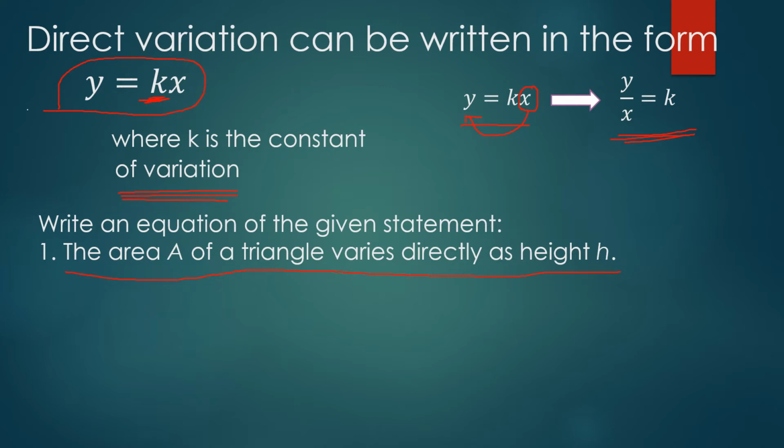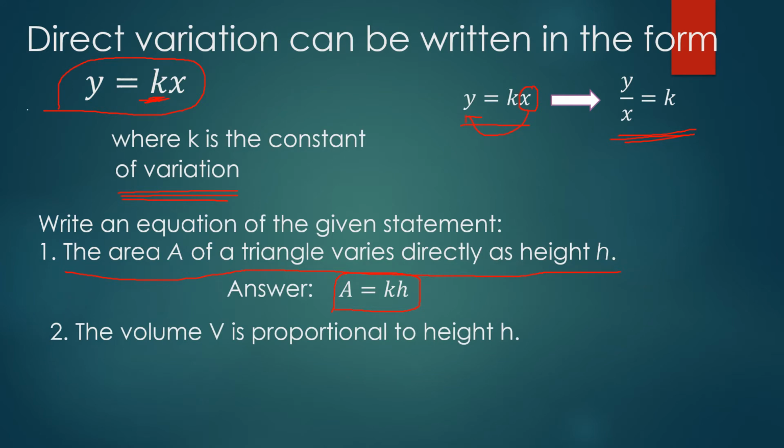Okay, so the area A of a triangle varies directly as height h. Okay? So pag magbuhat ka og equation ana based sa direct variation, ang answer ana kanilang. So A equals kh. So ana lang. Wala lang siya.